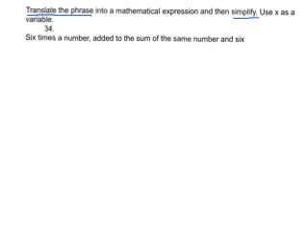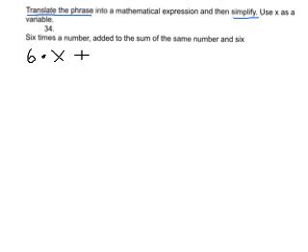Okay, so we've got to translate this: 6 times a number added to the sum of the same number and 6. You might want to read it a few times. Always with word problems, read them several times until you get a grip on it. We'll stick numbers underneath when it makes sense. 6 times a number, so to use x, added to the sum.